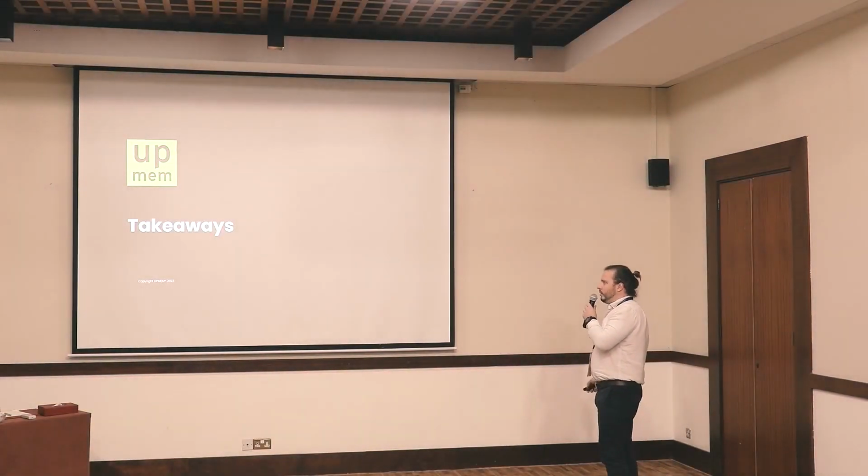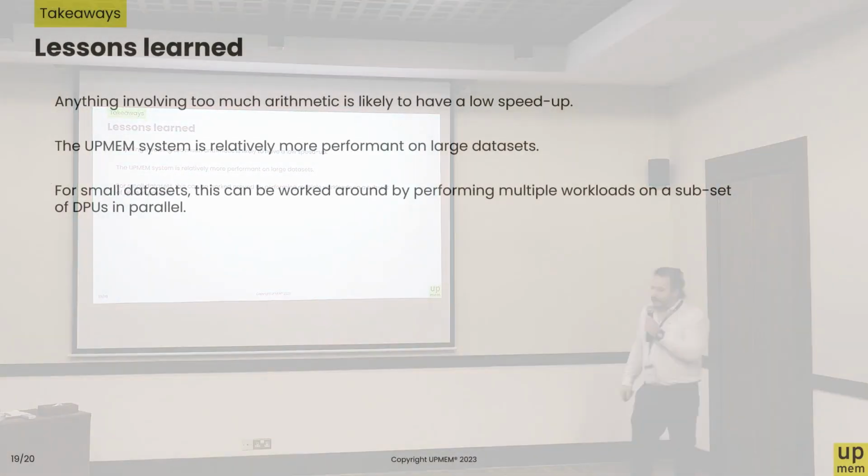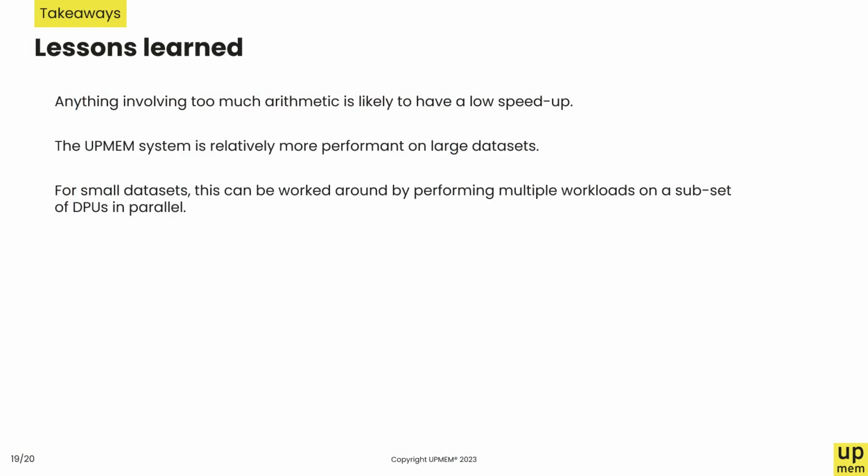So what are the lessons from that? Well, first off, yeah, it's about arithmetic intensity. If you're going to develop a GPU application, you have to ask yourself, does it look like a matrix multiplication? And if so, it will not be a good candidate. The second one is really, generally speaking, you want that performance, you want to fill all the DPUs with data.